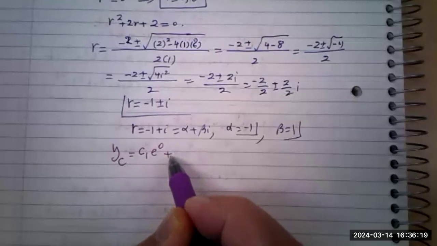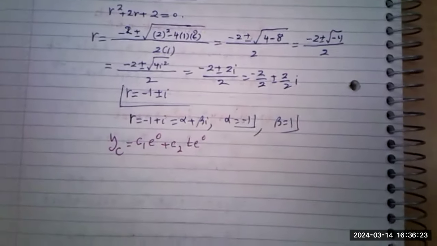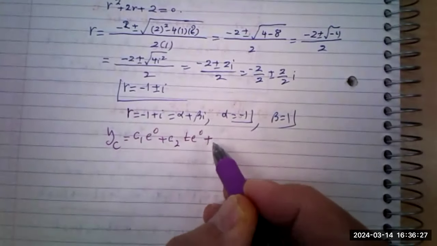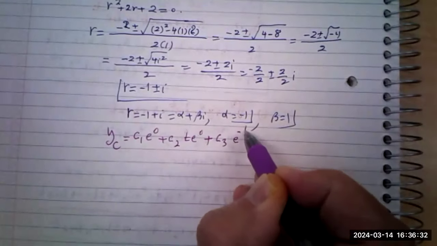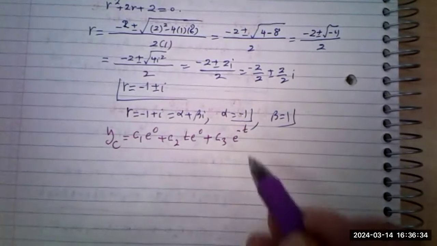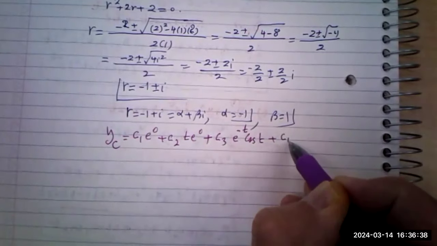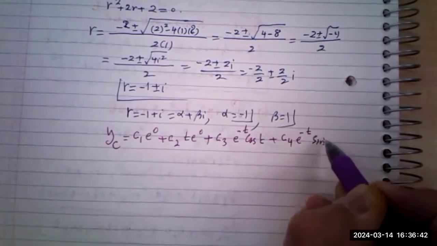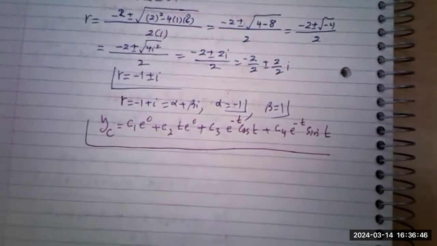It's repeated, so C2 t e to the 0. That's the 0. Now the complex numbers. For the complex one, we get C3 e to the negative t because the alpha is negative 1, cosine of t, plus C4 e to the negative t sine of t. So this would be your YC case. Any question?